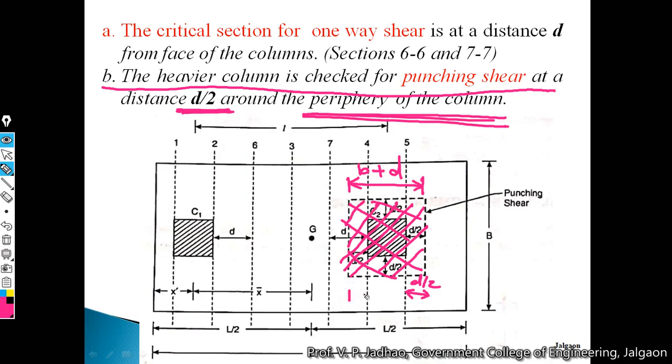Because half d from this side and half d from this side, and this is our width of column, small b. Therefore this value b0 will be equal to b plus small d. Up to this I don't think any problem is there. I'll go to the whiteboard again.